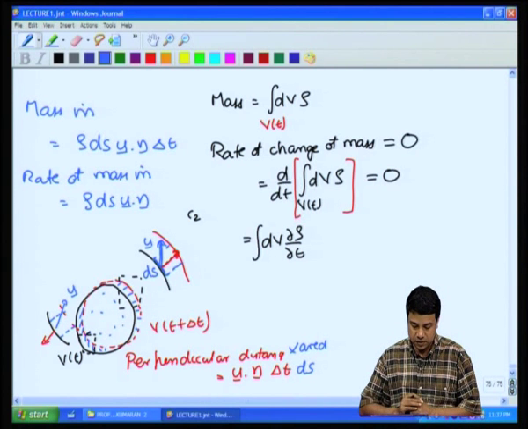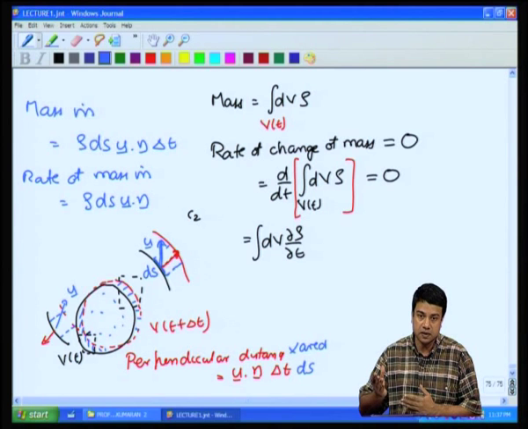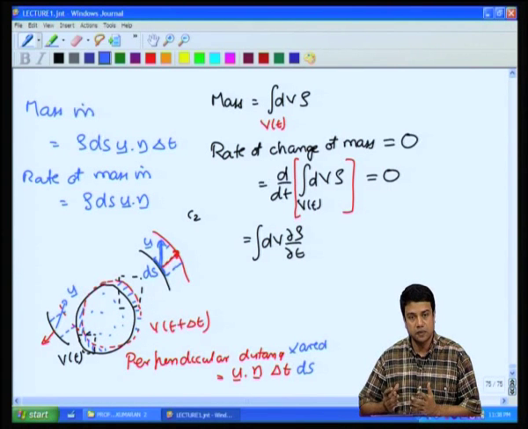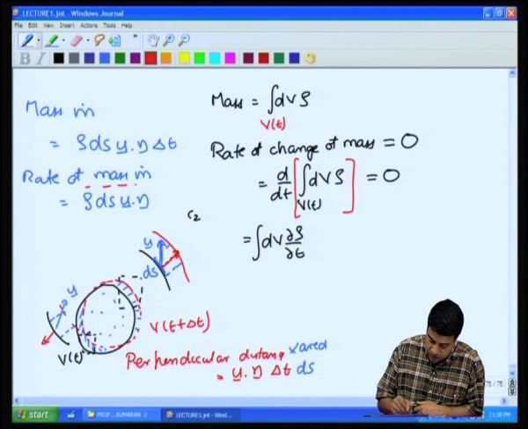So, therefore, for volume elements that are leaving the surface, u dot n is automatically negative, because the component of the velocity along the unit normal is along the inward unit normal. It is opposite to the outward unit normal. So, u dot n is automatically negative, and therefore, rho ds times u dot n will automatically be negative. And therefore, this expression gives you the rate at which mass comes in and mass goes out.